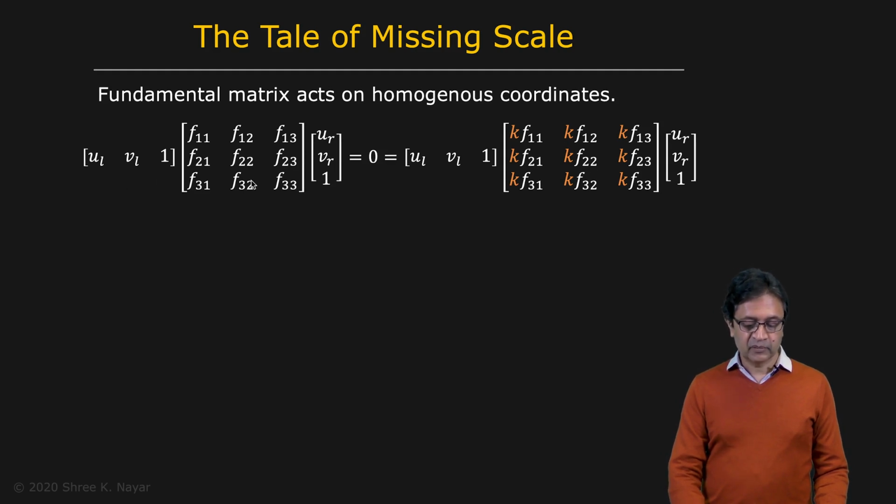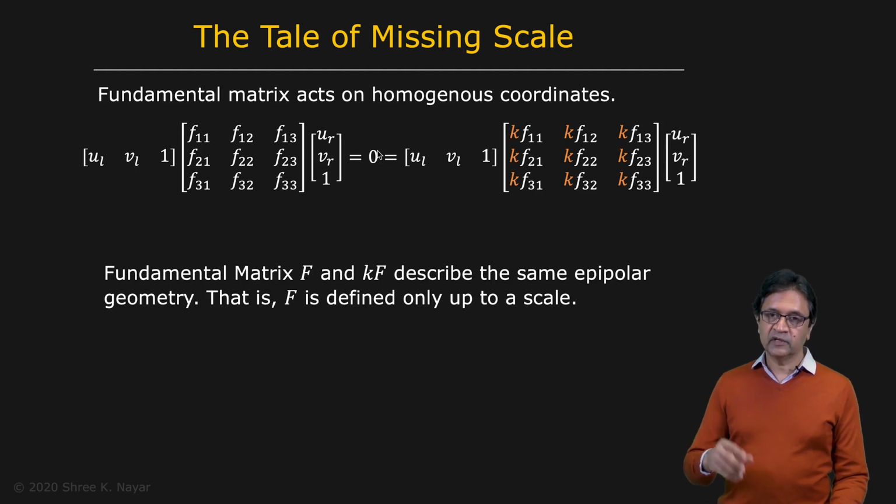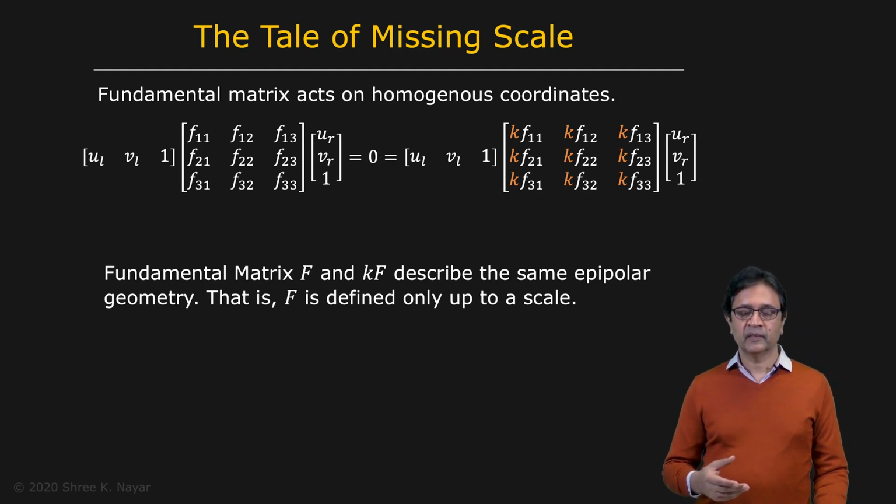If you simply multiply the fundamental matrix with k, it doesn't really have any impact on the image coordinates. The two are still equal to 0. In other words, the fundamental matrix F and the fundamental matrix k times F describe the same epipolar geometry. That is, F is only defined up to a scale factor.